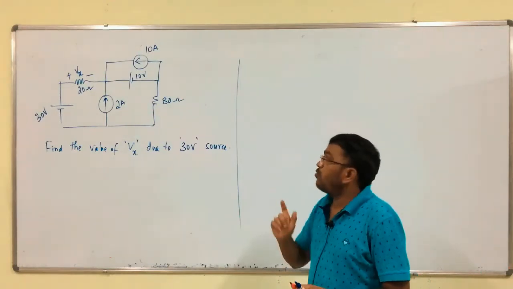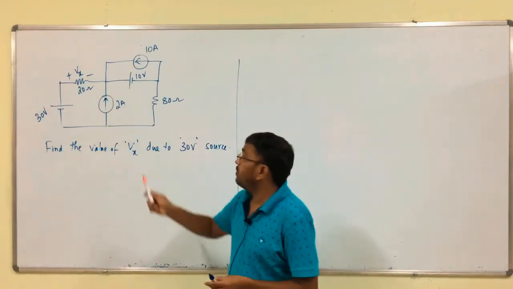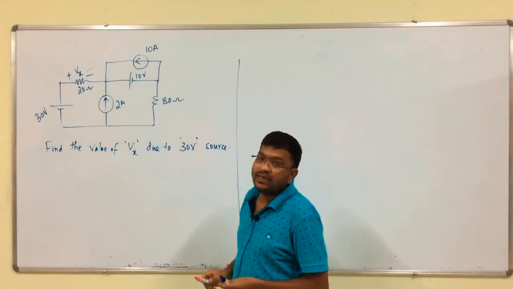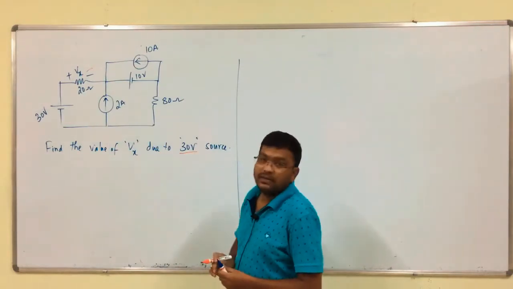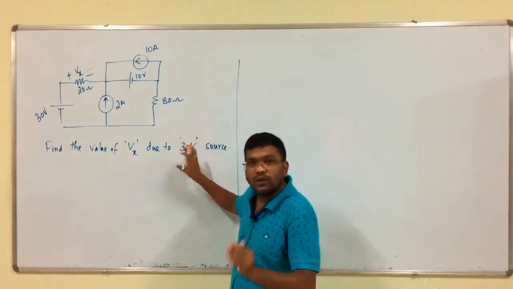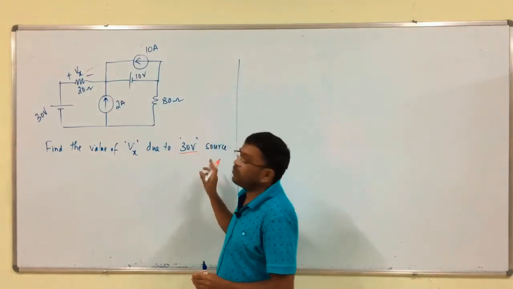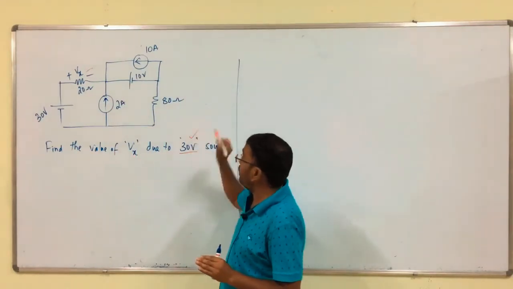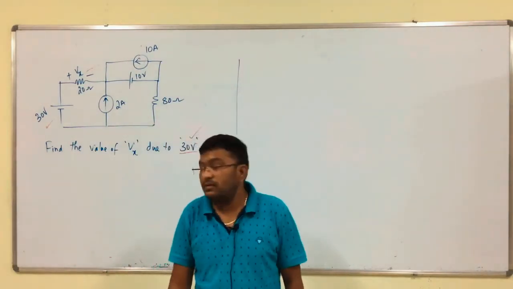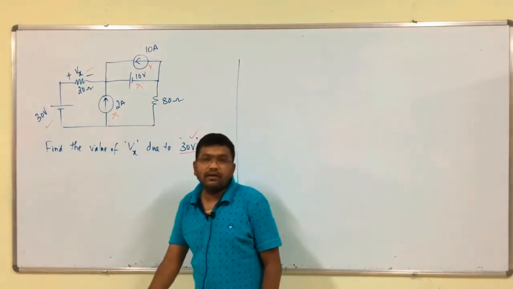Now, we have to look at this problem. So, from this we have to calculate the value of Vx due to the 30 volt voltage source, which means we have to activate this voltage source only, that is the meaning. So, find the value of Vx due to the 30 volt source, means we have to activate only this 30 volt independent source, and the remaining sources are deactivated, that is the meaning.